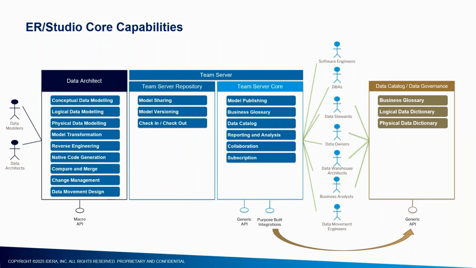And then linked into that, not directly part of EOS Studio itself, we are also able to link all this information out to some specific data catalog and data governance tool sets. At the moment, we support Collibra and Microsoft Purview. What that means is that information can be seamlessly synchronized and linked between those environments. And that, again, is a powerful story in its own right. We won't go into that in detail today.